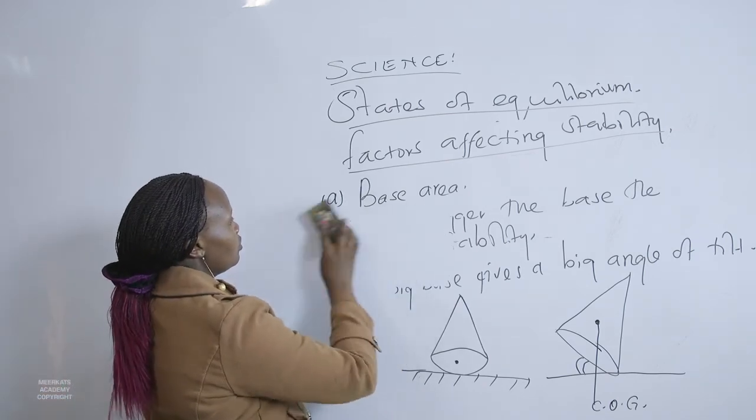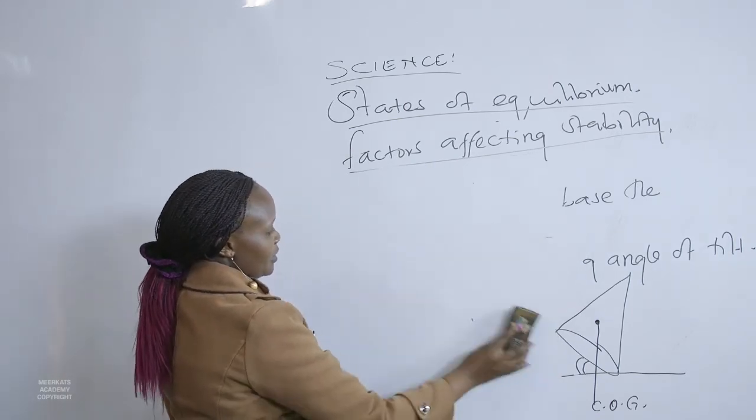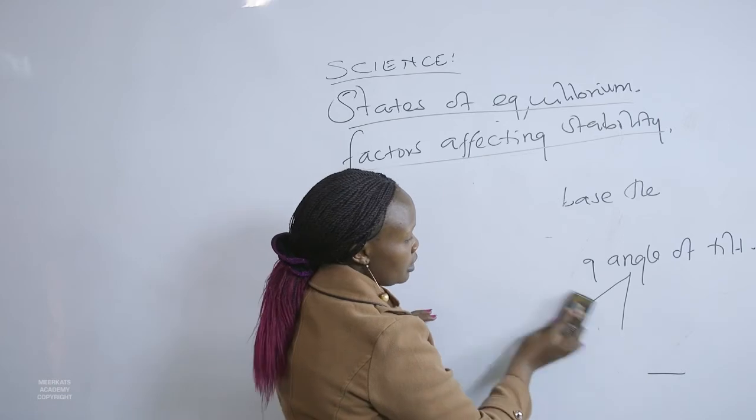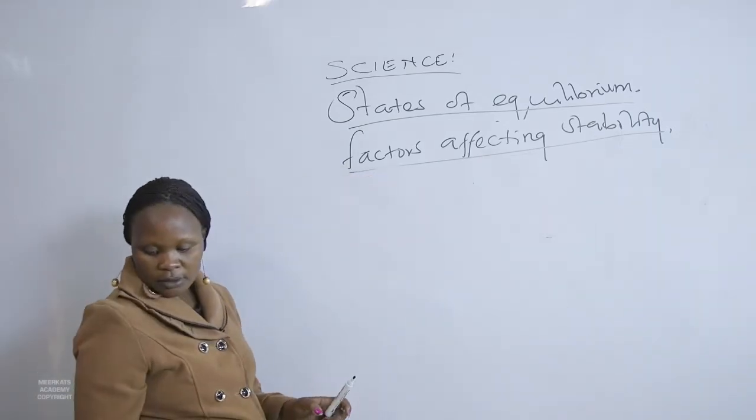Now factor number two is the position of the center of gravity.